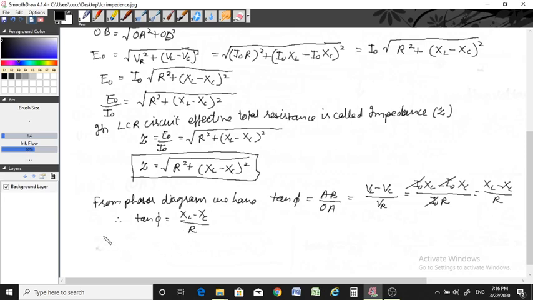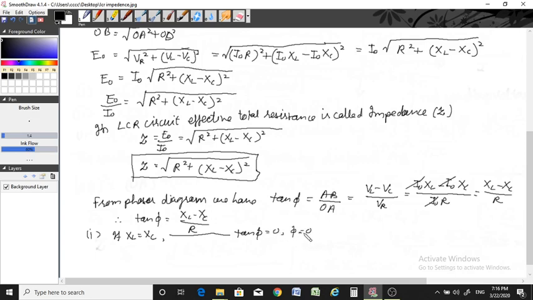Number one case: if XL is equal to XC, put this value here, then we will get tangent phi equal to 0, therefore phi will be equal to 0.